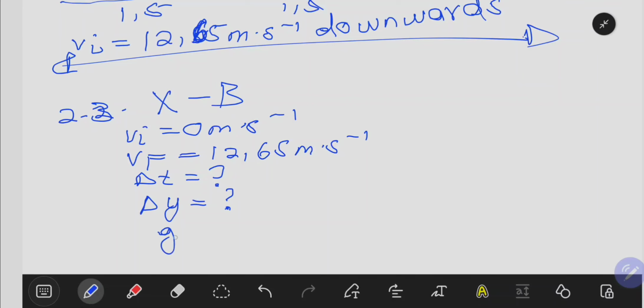Then our gravitational acceleration is positive 9.8 meters per second squared. So we don't necessarily need the time.